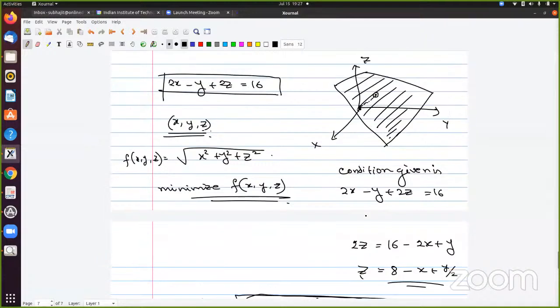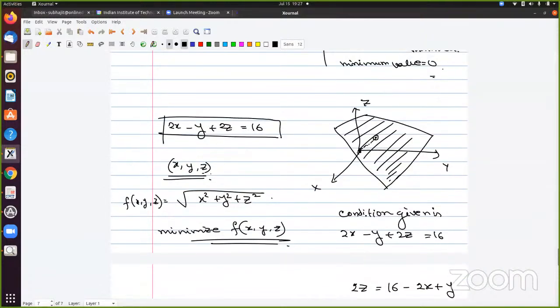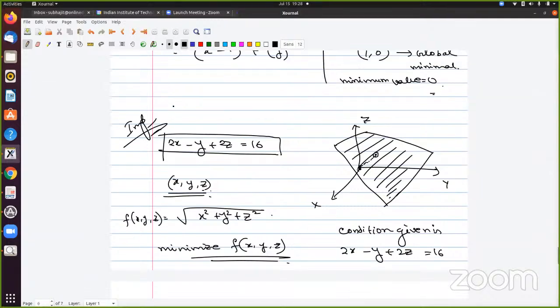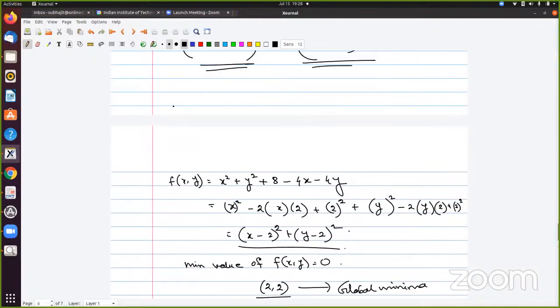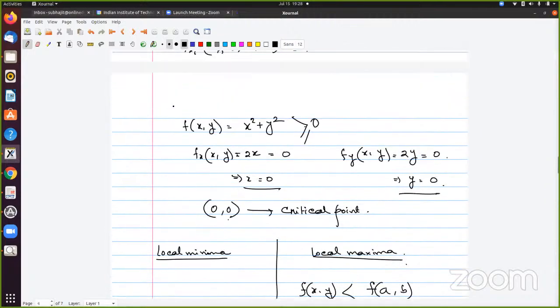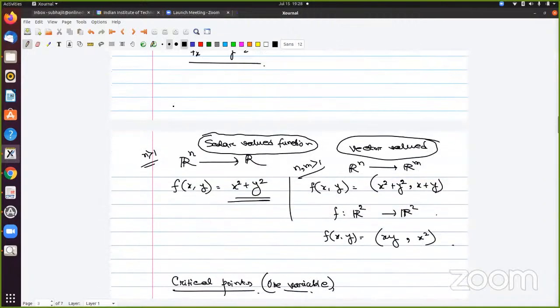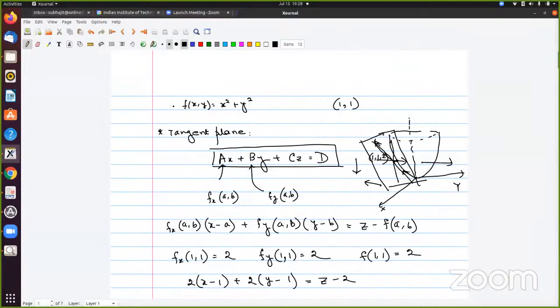So is it clear what we want to do here? This is one important type of question which can be asked. In week 10, I don't have anything more to say. If you have any doubt, we can discuss it now on week 10.